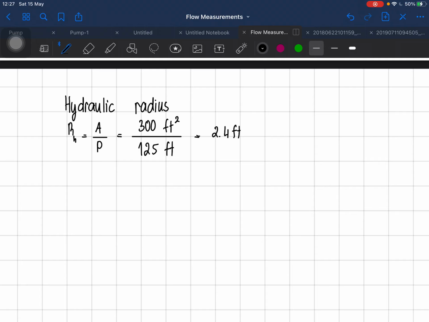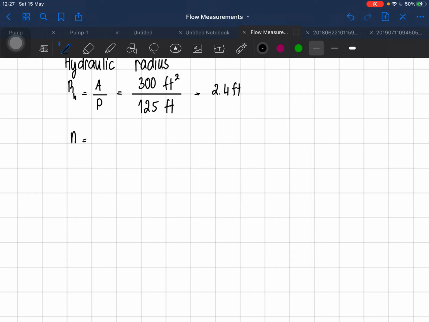And then we can assume the n this time. It says that the material of the channel is quite different from the previous one. It has a really large n, so n equals 0.038.